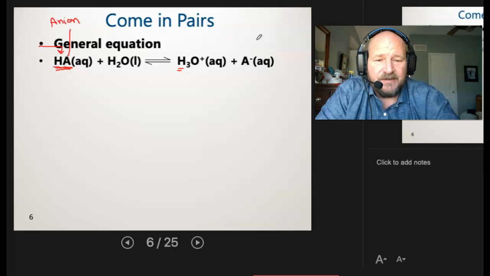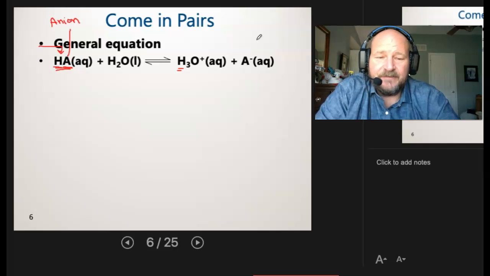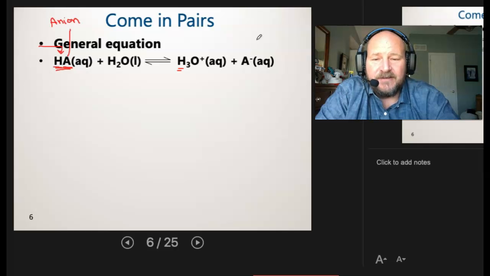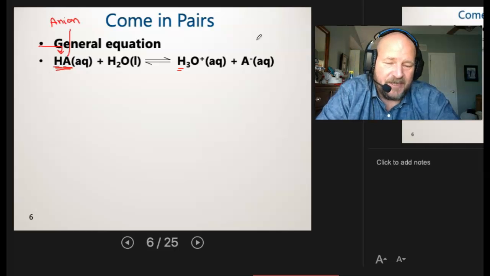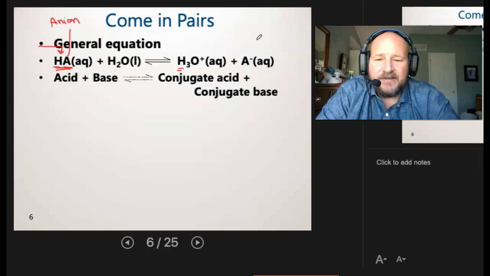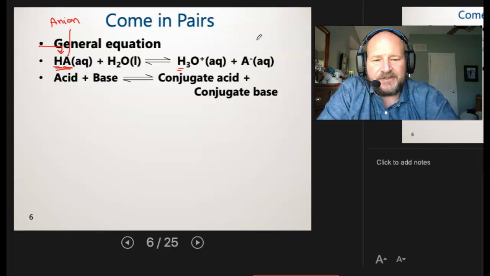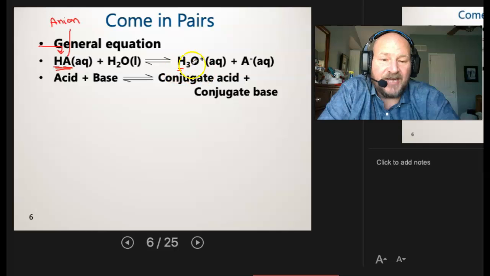Now it'd be confusing if I say which one is the acid and which one is the base, if we don't come up with a way to denote what's going on the product side. And the way we do that is we use the word conjugate. So the acid and the base are always on the reactant side. And then once that proton's been transferred, on the product side, we now have the conjugate acid, which is the H3O plus, and the conjugate base, the A minus.